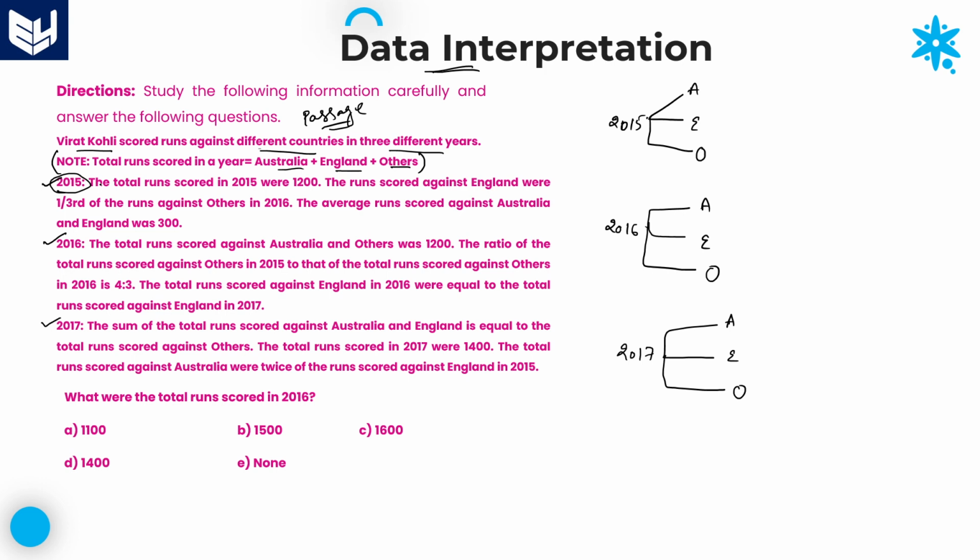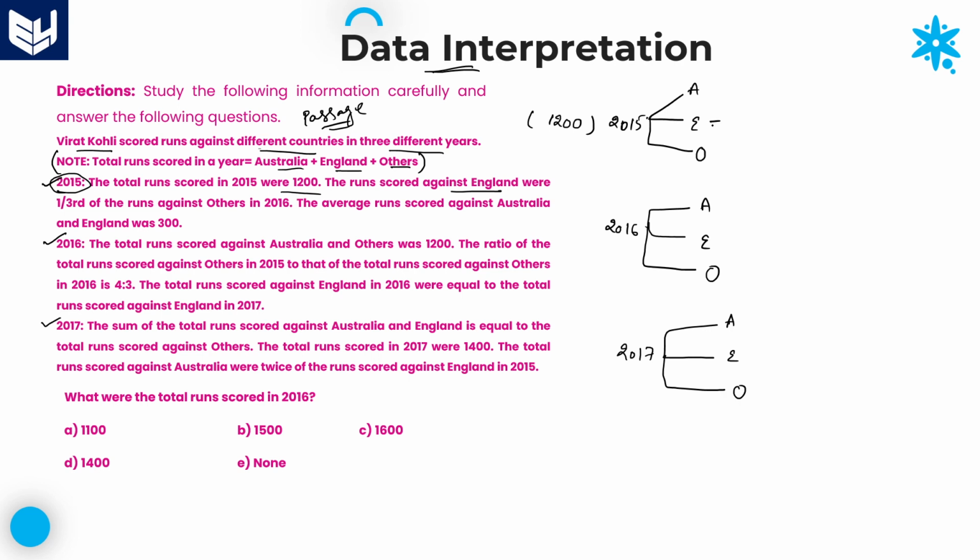Now, if you look at each and every value, start with 2015. The total runs scored in 2015 were 1200. Altogether in 2015, the number of runs scored is 1200. Next, the runs scored against England.